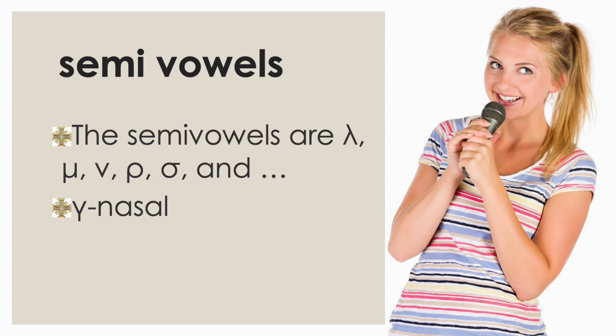This sort of thing's particularly interesting if you go on to study ancient languages, but for now we're just talking about this to help you understand how the letters were said and what groups they fall into. The semivowels in Koine Greek are lambda, mu, nu, rho and sigma. And we also have the gamma nasal.